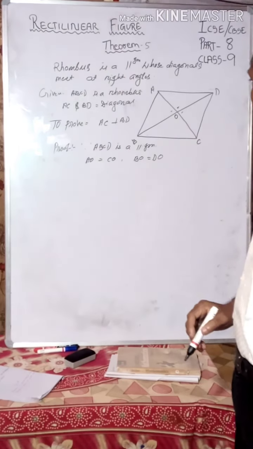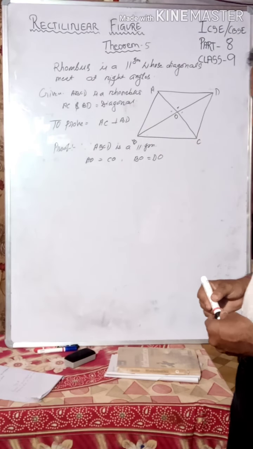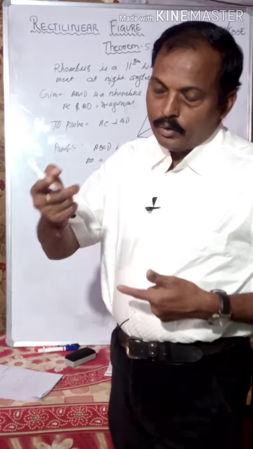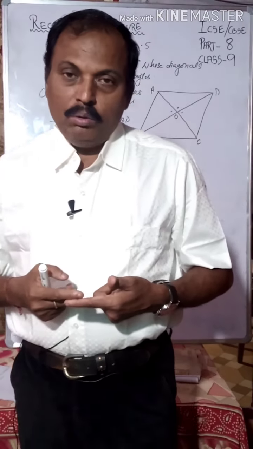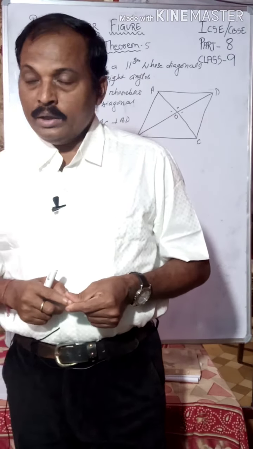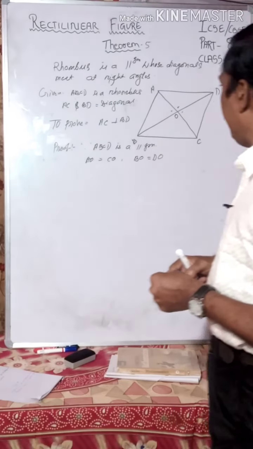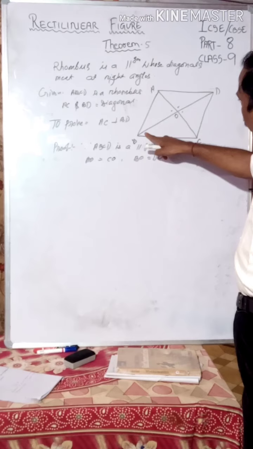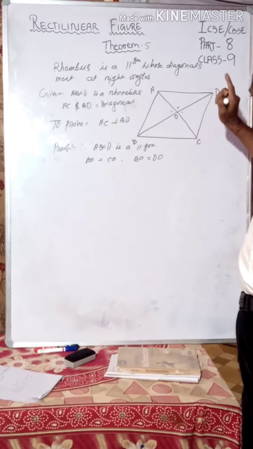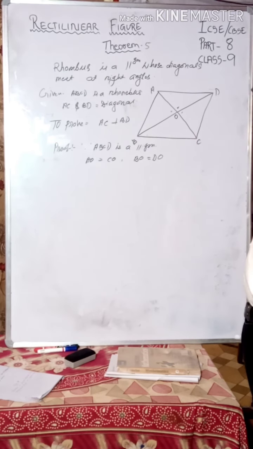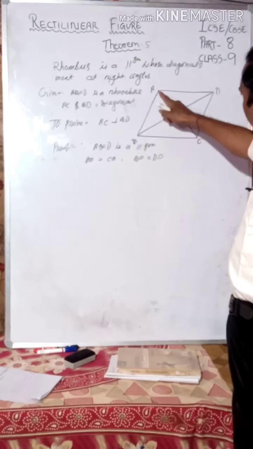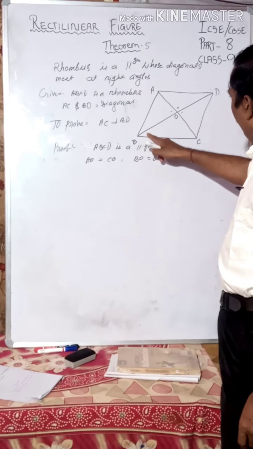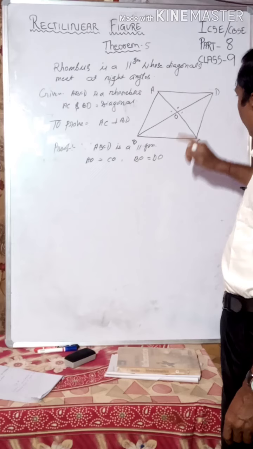We know this, according to parallelogram. Then we take two triangles here. Triangle AOB and AOD. Two triangles we have to take.